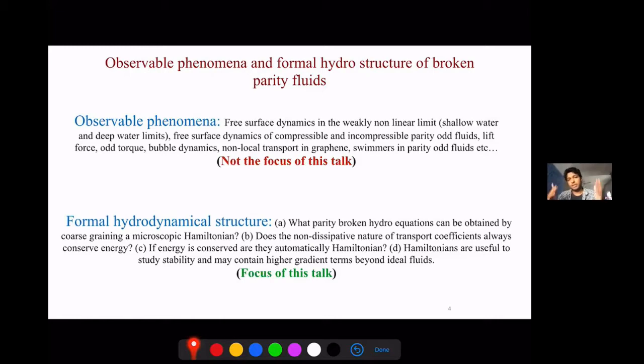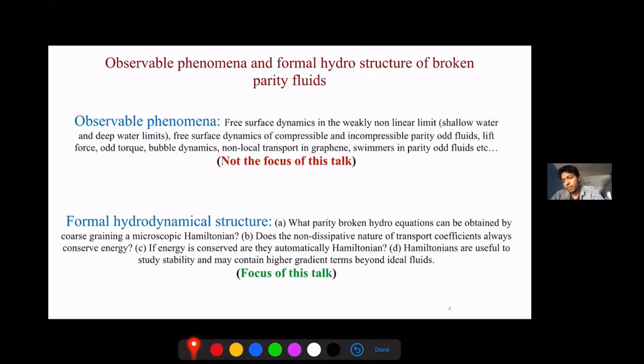First, there is an intuition that these parity odd coefficients, which I will explain in a couple of slides, are non-dissipative in nature. They don't do any work on the system under some responses. So the question is, do these non-dissipative coefficients automatically result in energy conserving hydrodynamical equations of motion? And if yes, how many of these energy conserving hydrodynamical systems possess a Hamiltonian structure?